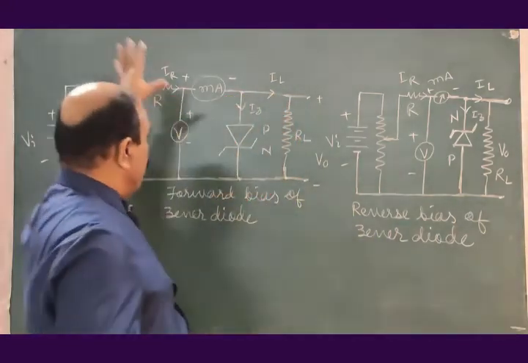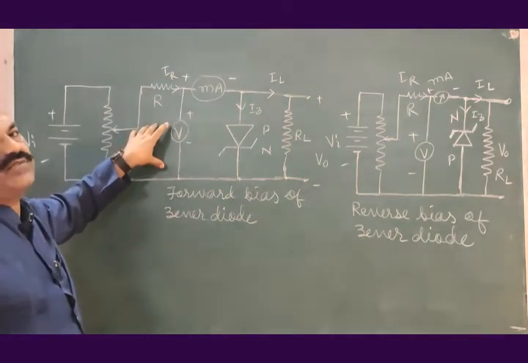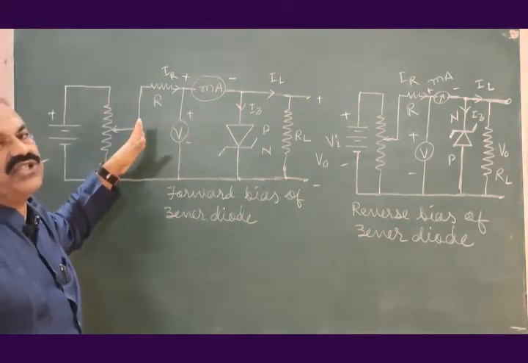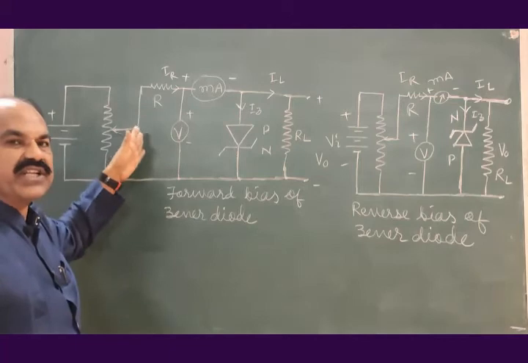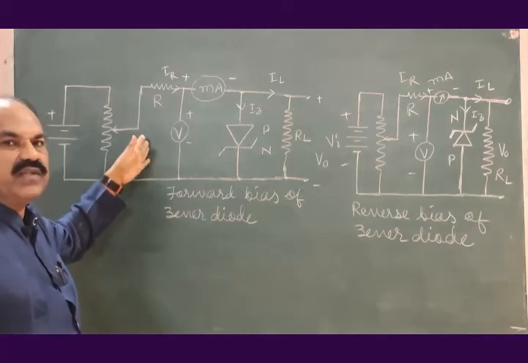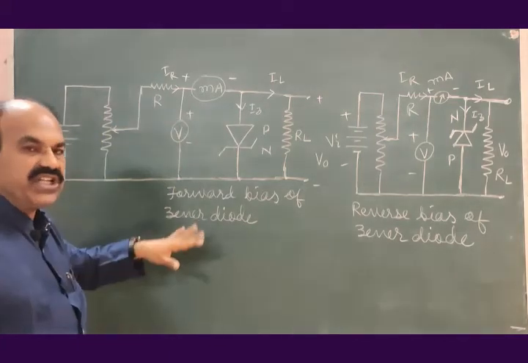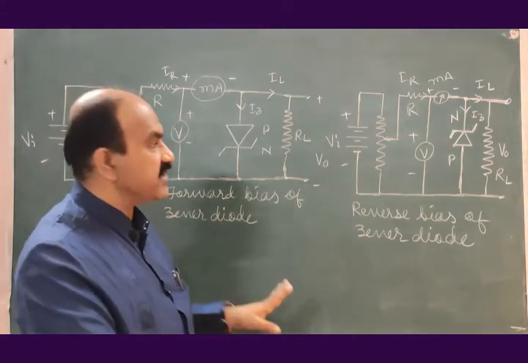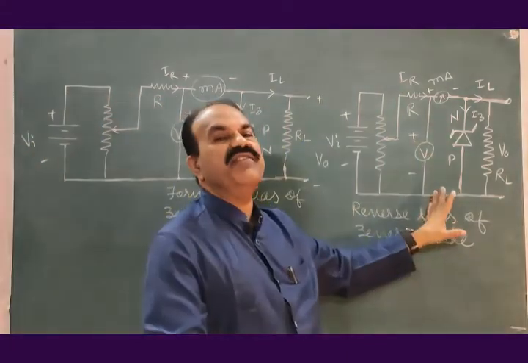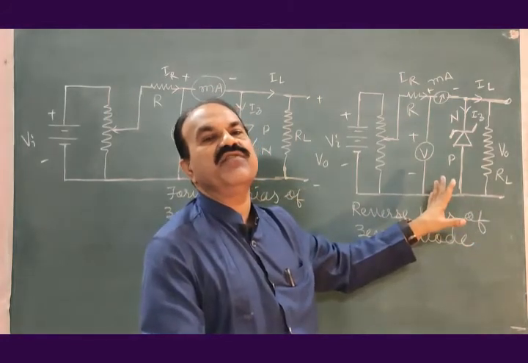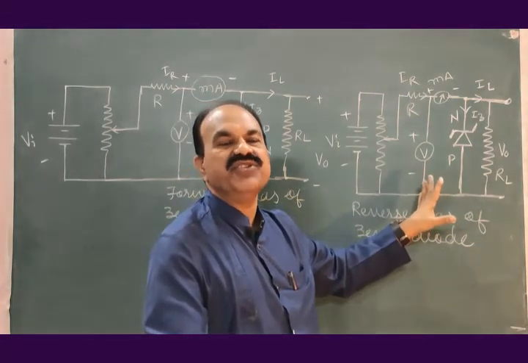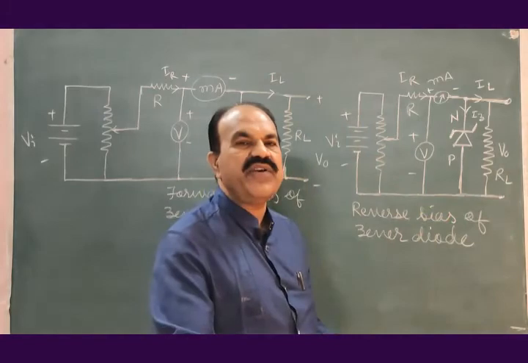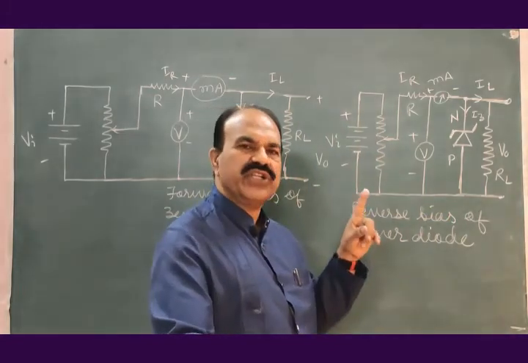So we never use this circuit, because this is the forward bias circuit for the Zener diode. We generally do not use it anywhere, because a Zener diode is never used in forward bias. The circuit used is always this. This is the circuit for reverse bias of the Zener diode, and it is specially constructed to work in reverse bias.